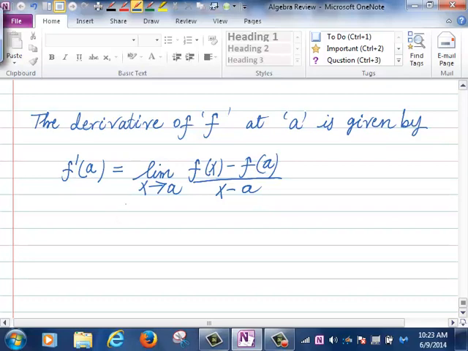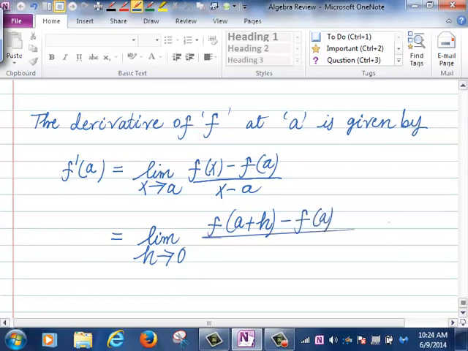And equivalently, this limit is the same as the limit as h goes to 0 of f of a plus h minus f of a, divided by h.